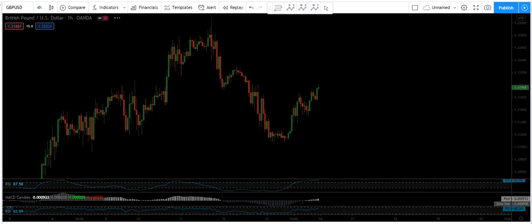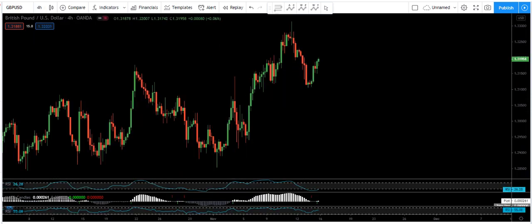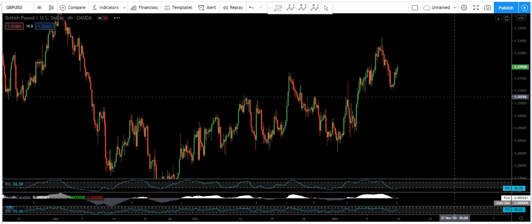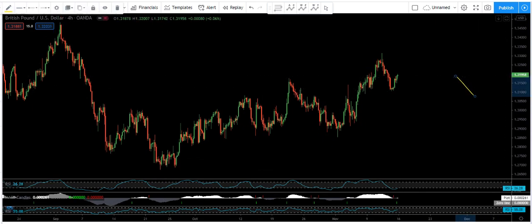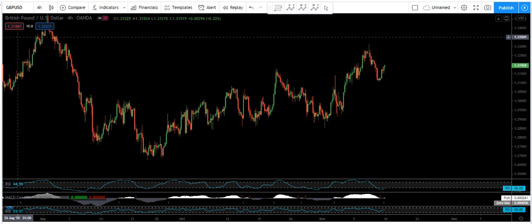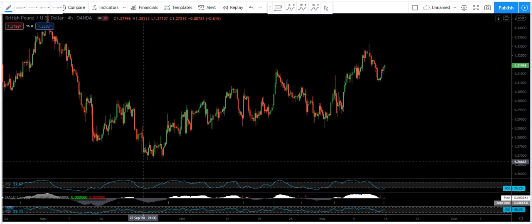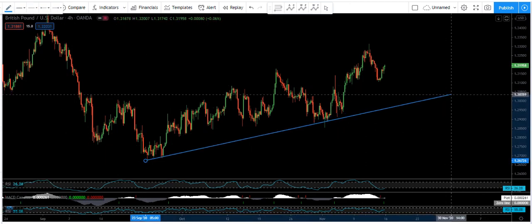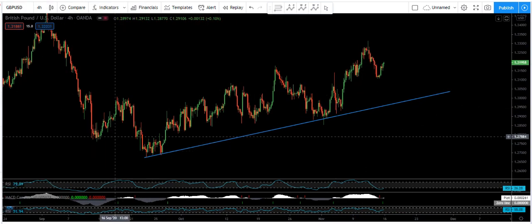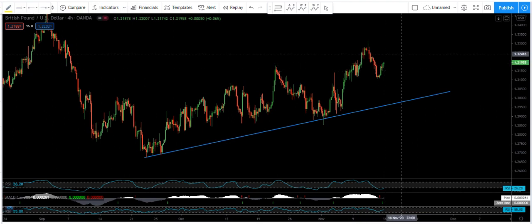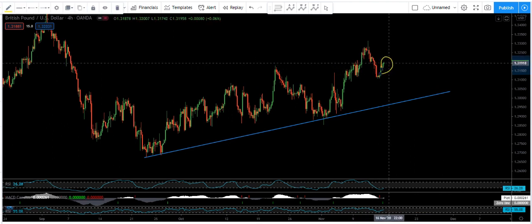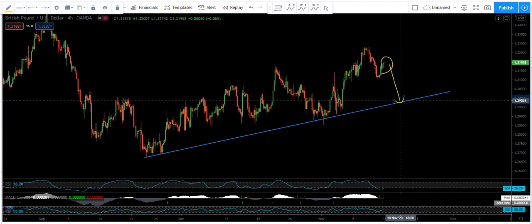And if I move to the forward chart, if we get any down move, if we get any sell, as long as the price is within this correction, as long as the price comes to this level, this trend line, we need to see whether there is a continuation.